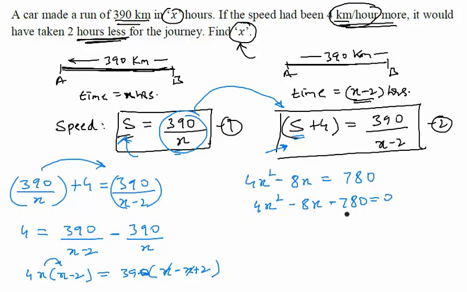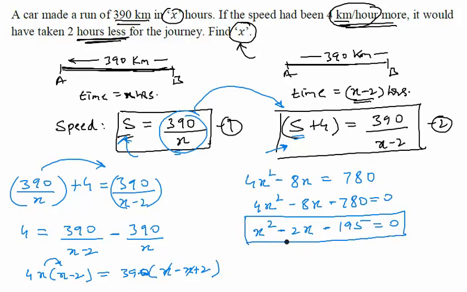Let us simplify this. Let us cancel out 4. So we will further get x square minus 2x minus 195 equal to 0. Solution of this equation should be our value of x. So now what we can do? We can again use the splitting the middle term method to factorize this equation, and that would lead us to our solution. So this minus 2x can be written as x square minus 15x plus 13x minus 195 equal to 0, right?